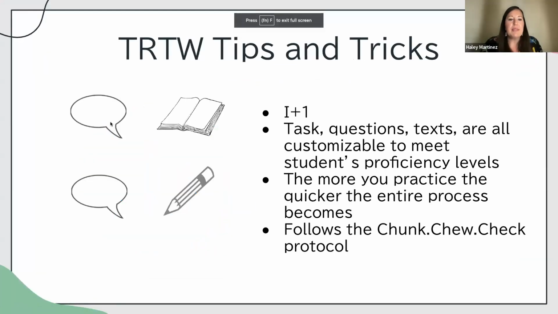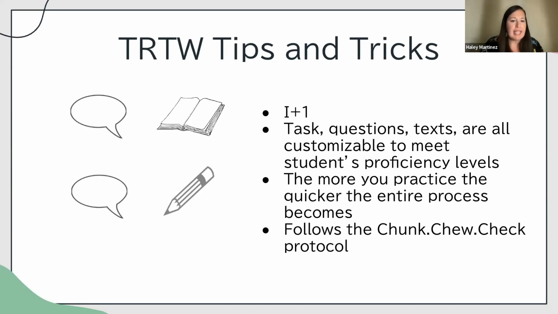All right, so some tips and tricks. The idea is to use Krashen's i+1, showing the benefit of having a text just a little bit beyond their current language level, which is going to be supportive to them to be able to talk about that reading, but also the stretch, so it's not too frustrating for them, and they'll be able to comprehend and discuss.